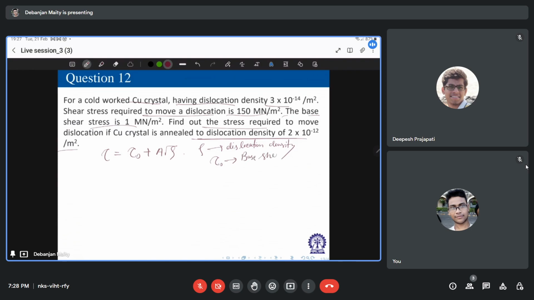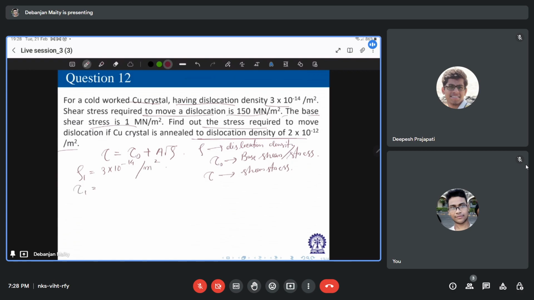tau naught is base shear stress, tau is your shear stress, and rho 1 is 3 into 10 to the minus 14 per meter square.